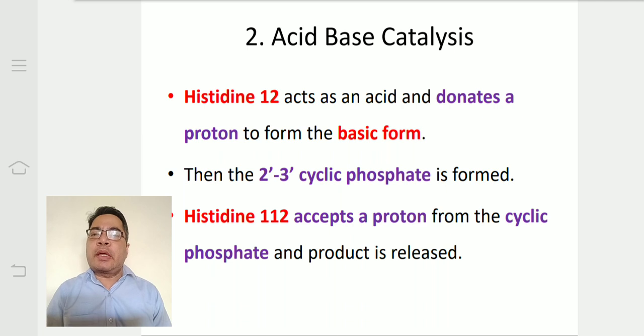Histidine 12 acts as an acid and donates a proton to form the basic form. Then the 2',3' cyclic phosphate is formed. Histidine 119 accepts a proton from the cyclic phosphate and the product is released.